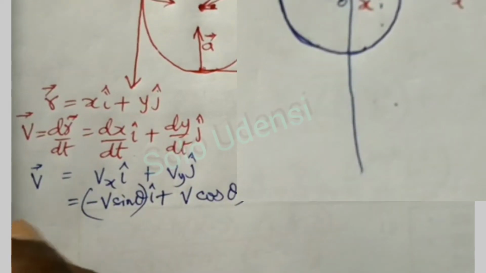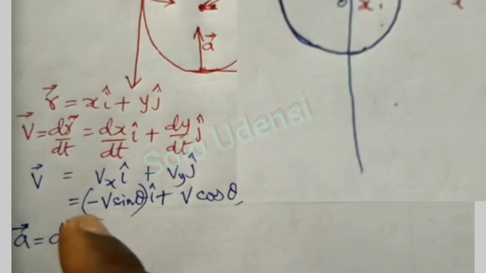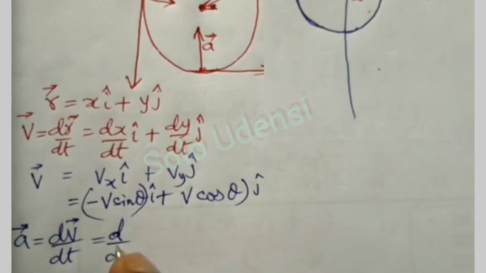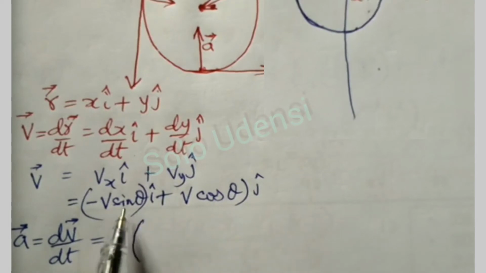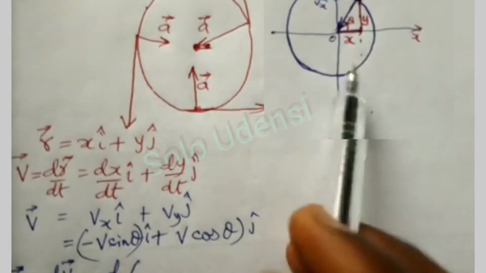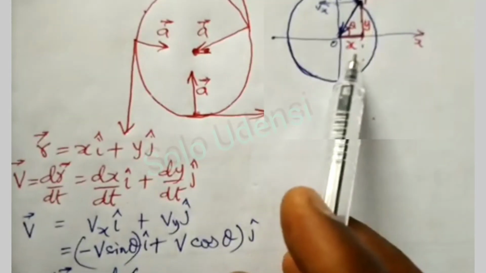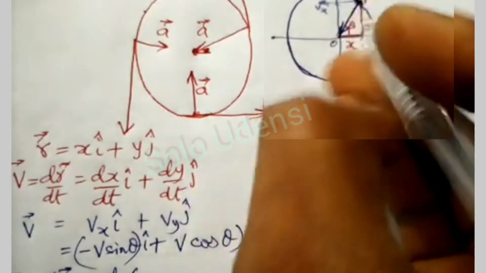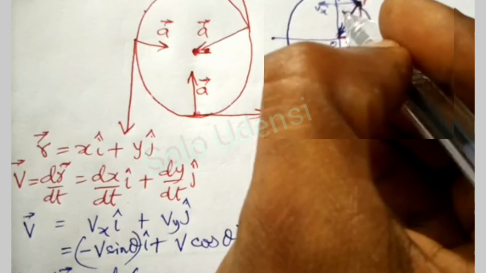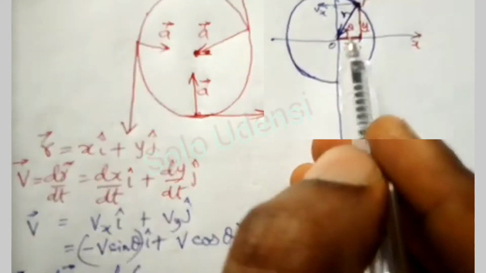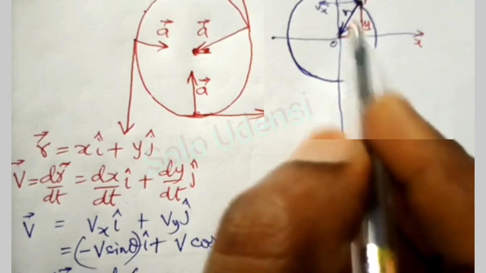We know that acceleration will give us dv over dt. For instance, we have d/dt of this sine theta. This sine theta that we are seeing here is the same thing as y over r, opposite over hypotenuse, where r is the radius. And cos theta is adjacent over hypotenuse.